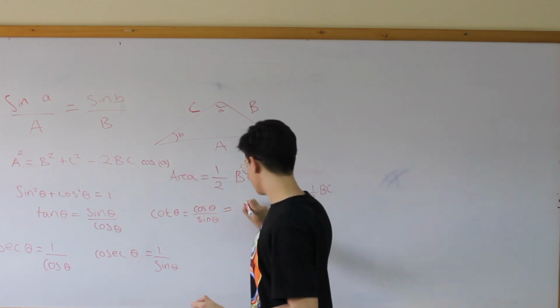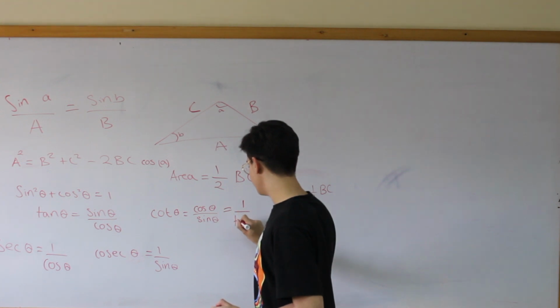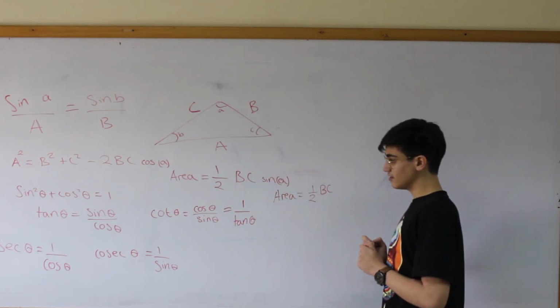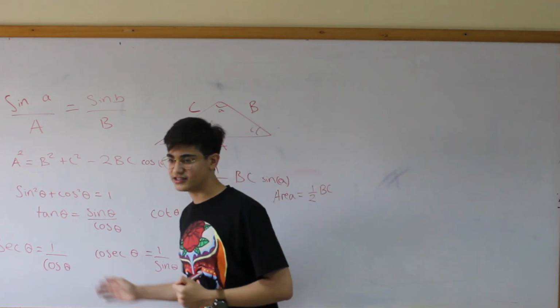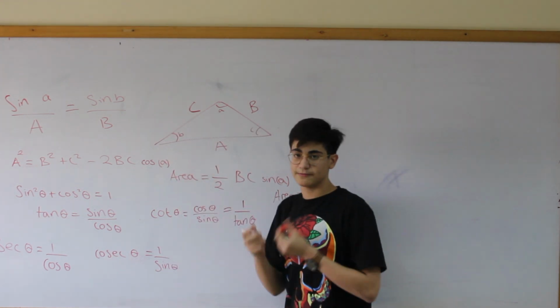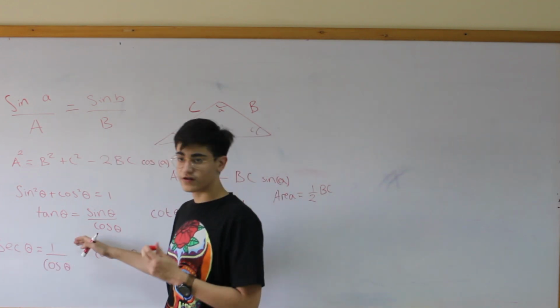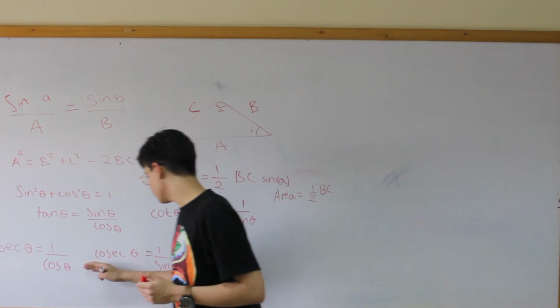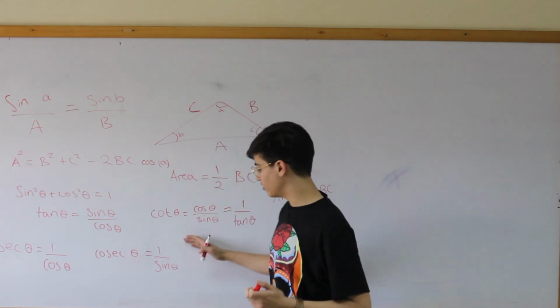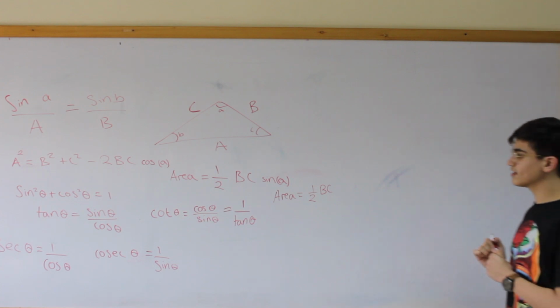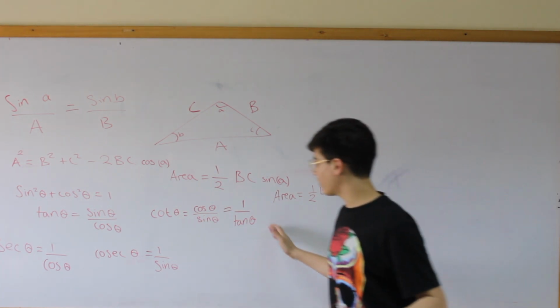So you might have realized this is also equal to 1 over tan of theta. And then the last two identities we need to know are secant of theta, which is equivalent to just 1 over cosine of theta, and cosecant of theta, which is equal to 1 over sine of theta.